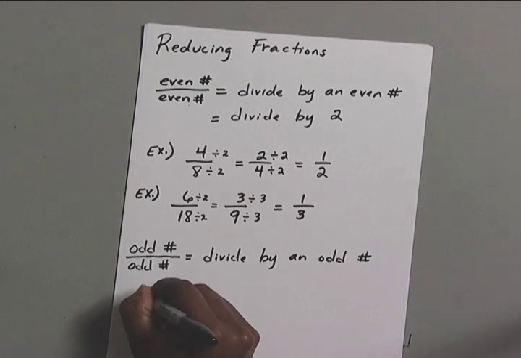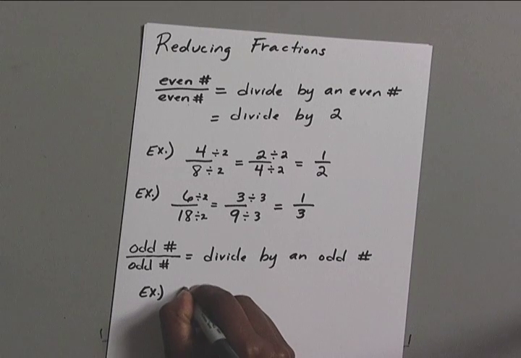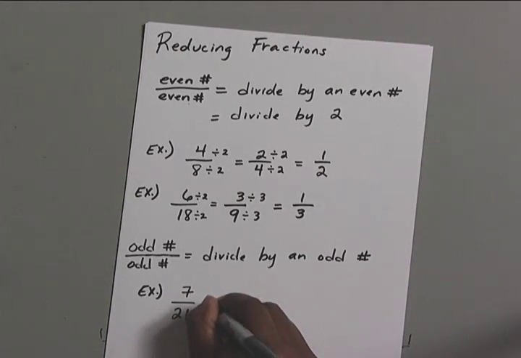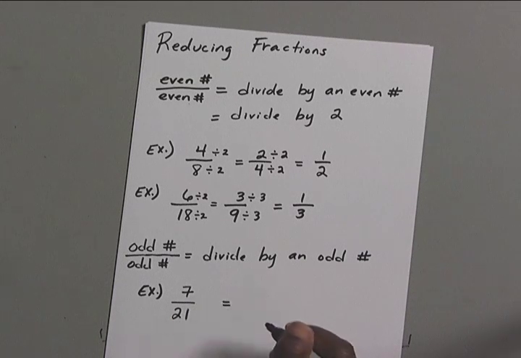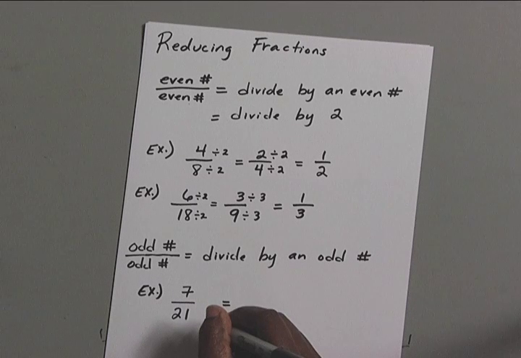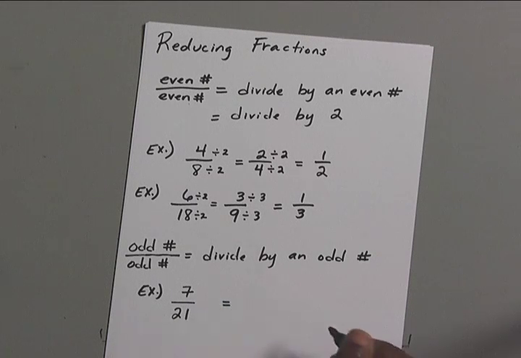Another example of an odd number over an odd number would be 7 over 21. Now here, we know that if we were to divide both the top and bottom numbers by 1, we would get the same number. So we don't ever want to do that.